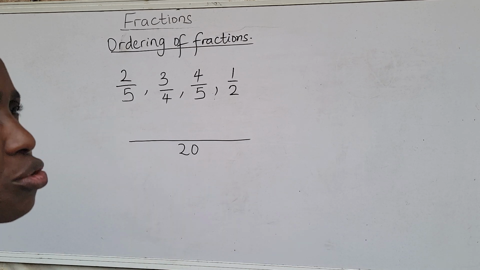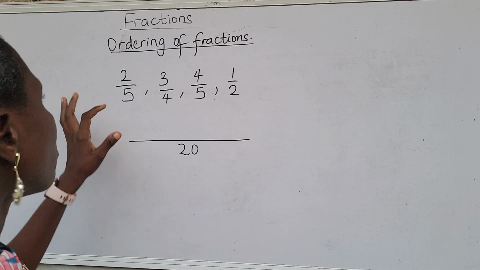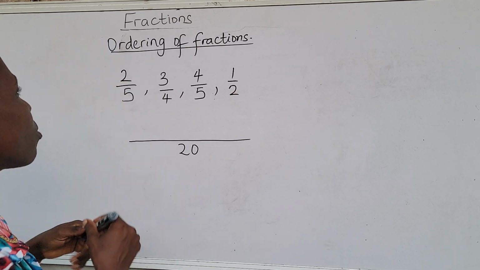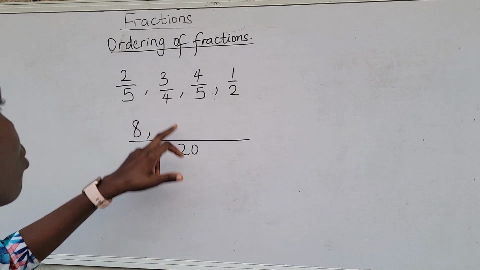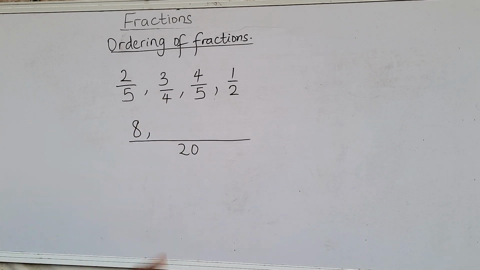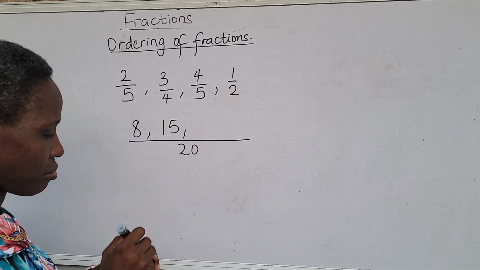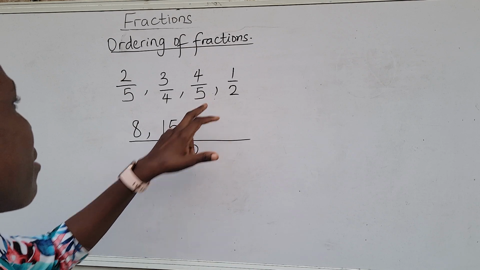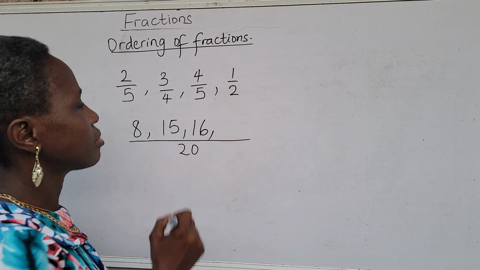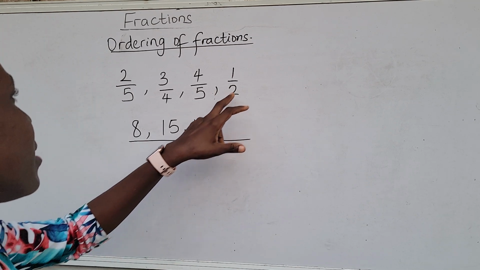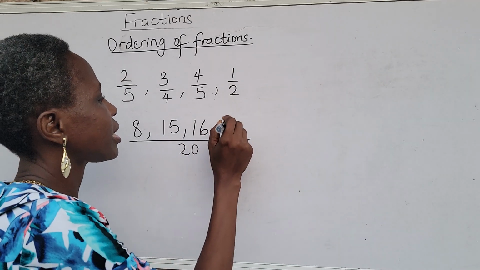So let's get to it. 20 divided by 5 is 4. 4 times the numerator is 8. Then 20 divided by 4 is 5. 5 times 3 is 15. Then 20 divided by 5 is 4. 4 times 4 is 16. Then 20 divided by 2 is 10. 10 times 1 is 10.